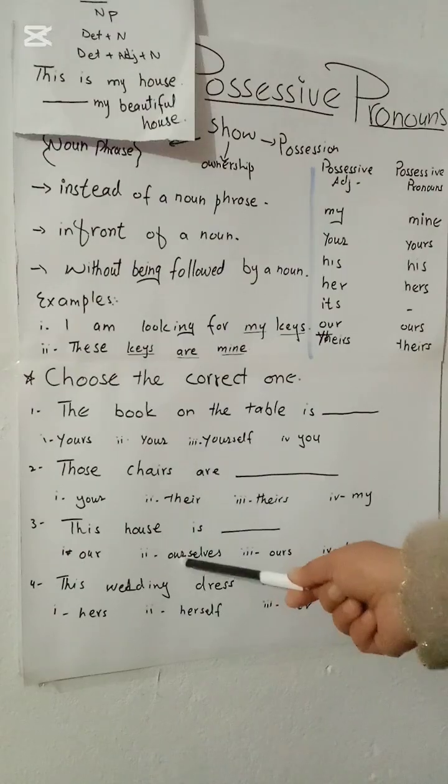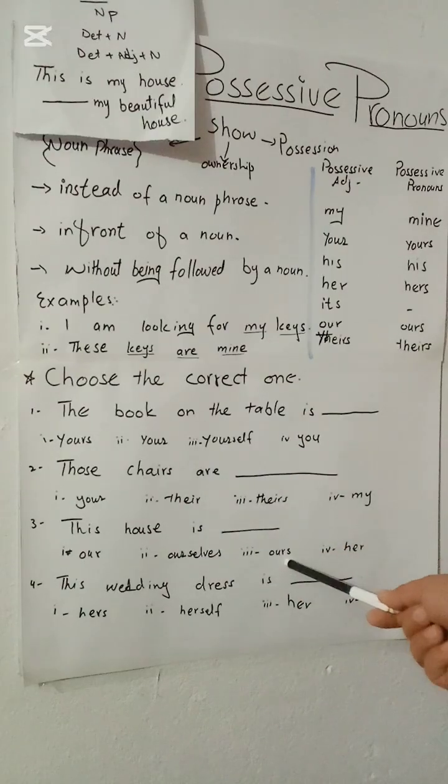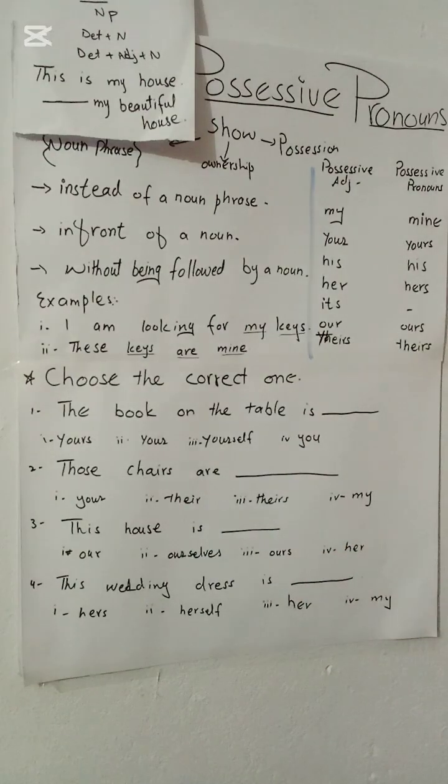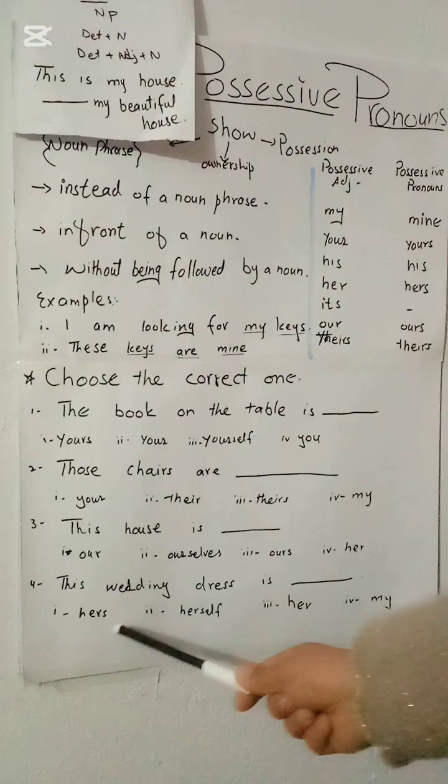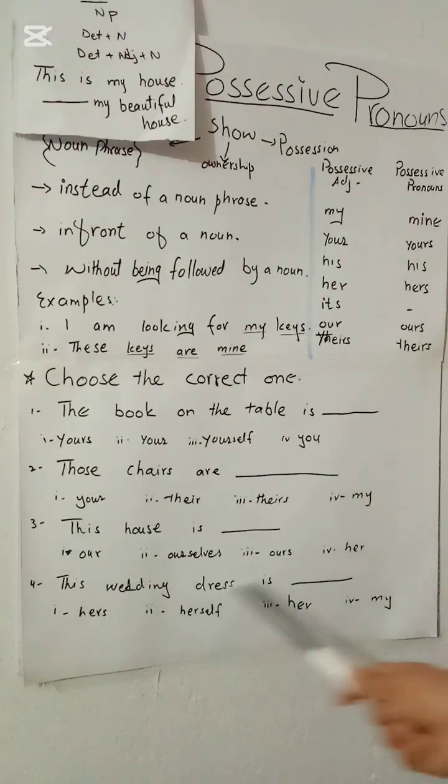We use it as intensive and reflexive too, and now ours is the possessive pronoun. And the last example is, this wedding dress is dash. Hers, herself, her, and my. You can see that here we have the possessive pronoun hers, so we will use it here. And thank you, students.